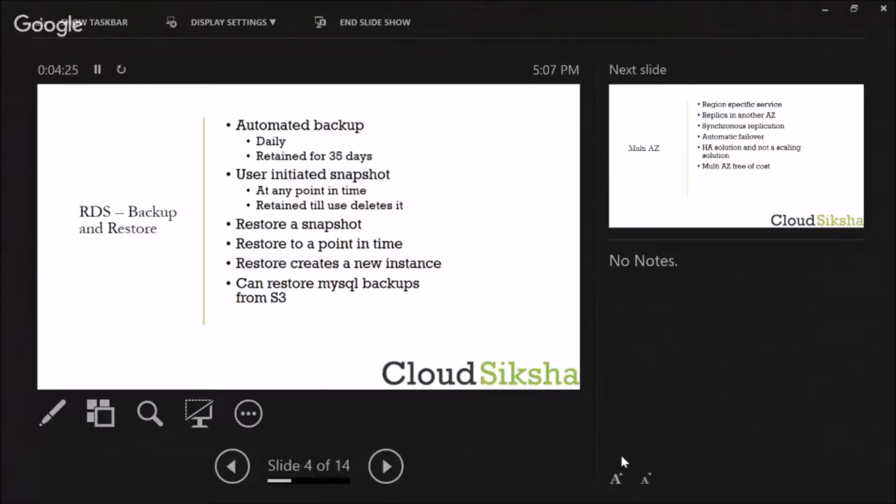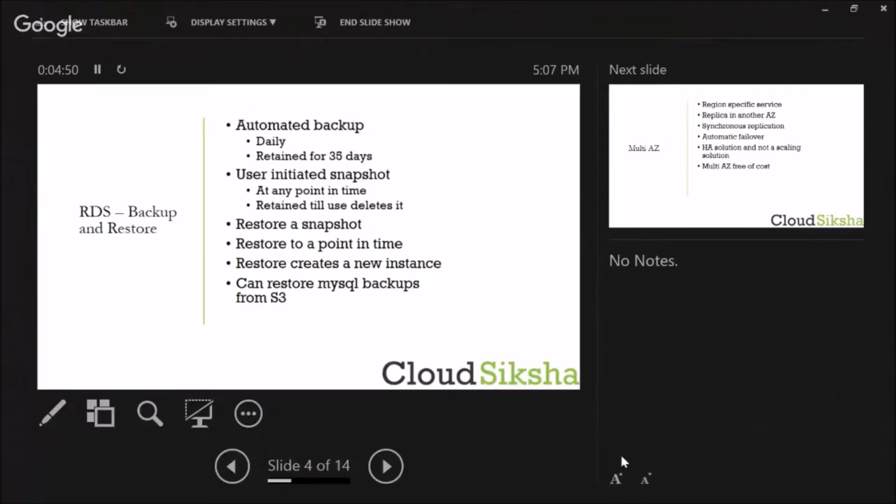Now, in the case of a user-initiated backup or a user-initiated snapshot, you can take it at any point in time. The daily backups are generally taken at a defined point in time every day. It's automatically taken at 12 o'clock in the night. If you don't reset that, you can set it at any hour of the day that you want, and it will be taken at that particular hour.